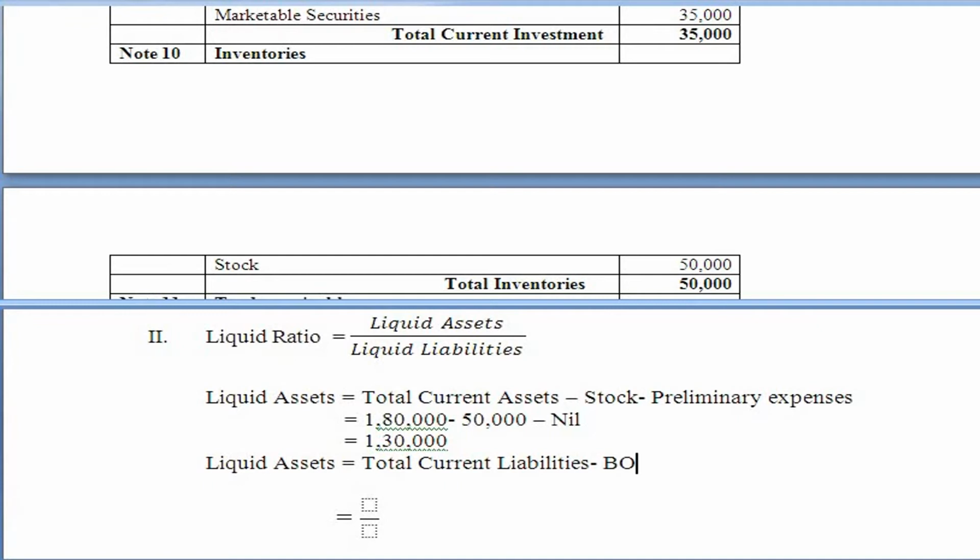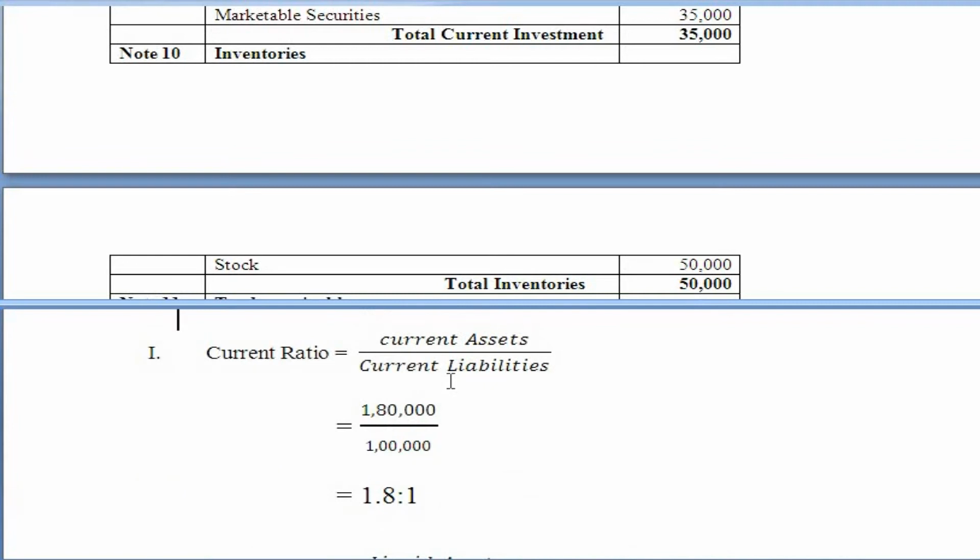Bank overdraft, right, short form. Next line, write the amount of total current liabilities. What is the amount of total current liabilities? It is 1 lakh. Here you can check the amount of total current liabilities is 1 lakh.